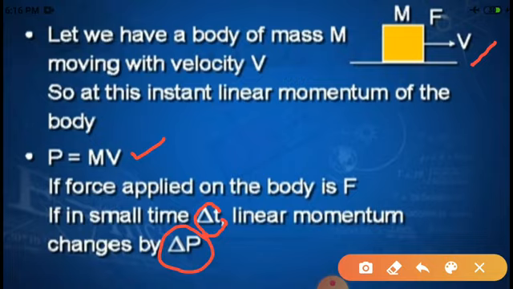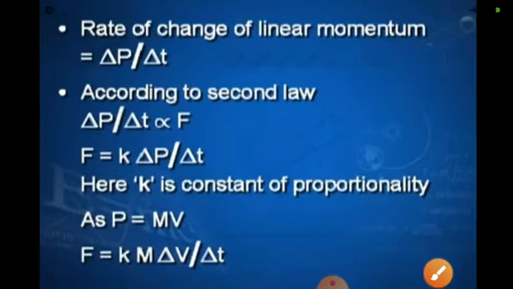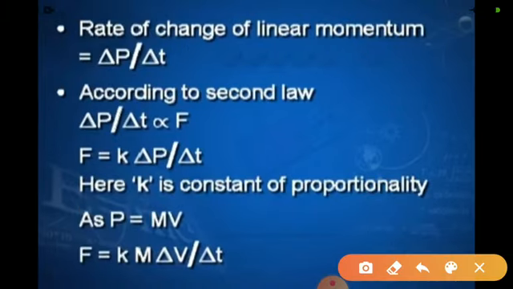Now this can be written as the rate of change of linear momentum. This is delta p by delta t. According to the second law of motion, this change in linear momentum is directly proportional to the net force applied.